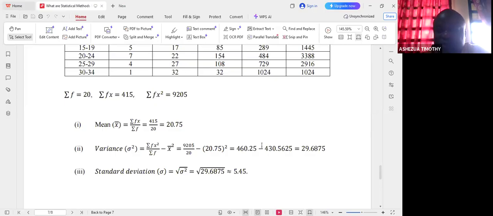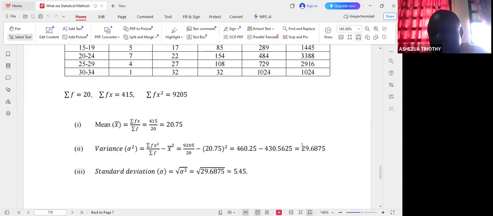When you do this small arithmetic, you get 29.6875. So this is the variance.